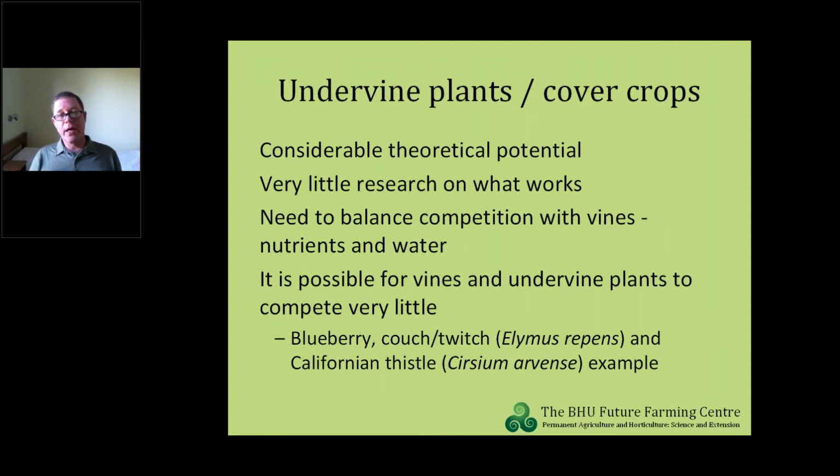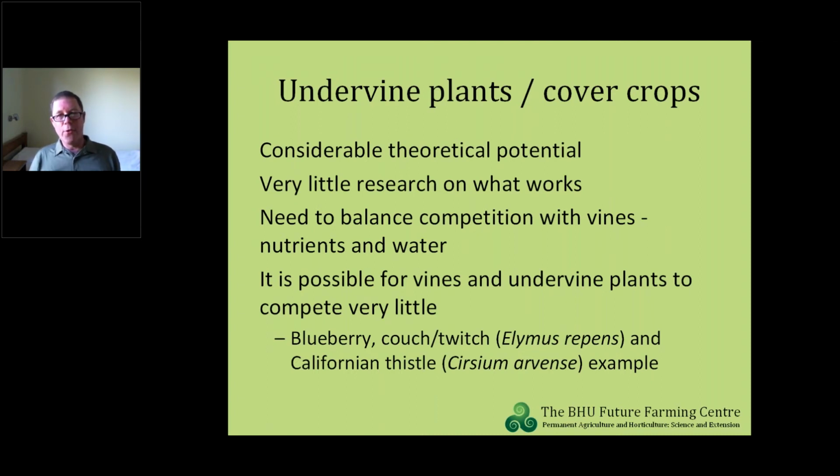And the thistle's growing completely up through these nearly 2 meter high, 6 foot high blueberry canes and blueberry bushes. And the twitches kind of can only grow about 1 foot high at best, and it's sulking underneath the blueberries. And you'd be thinking that the Californian thistle will be the one having the largest competitive effect, but it was the cooch.